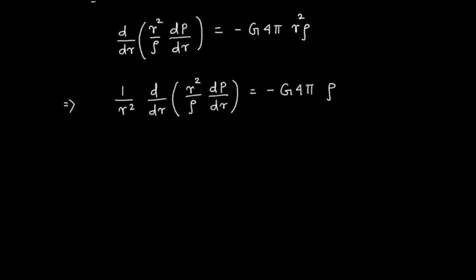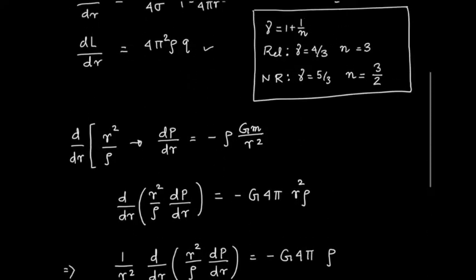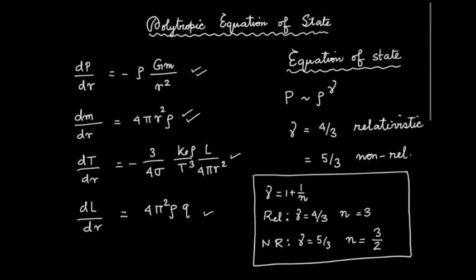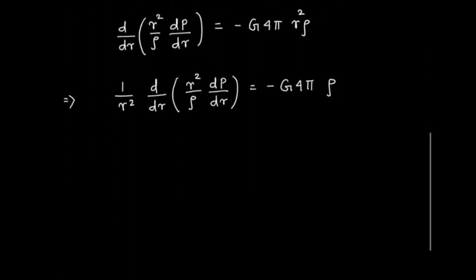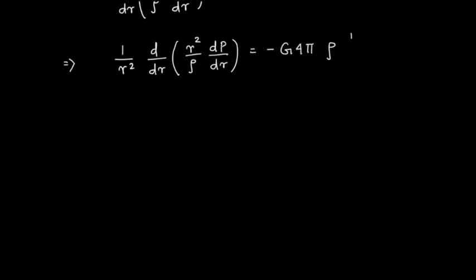Now P I can write in terms of rho. So I write P is K into rho to the power gamma, which is rho to the power 1 plus 1 by n.